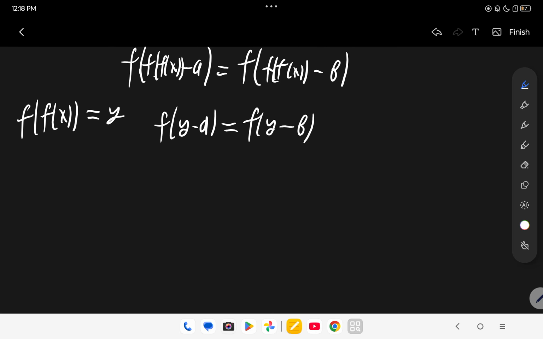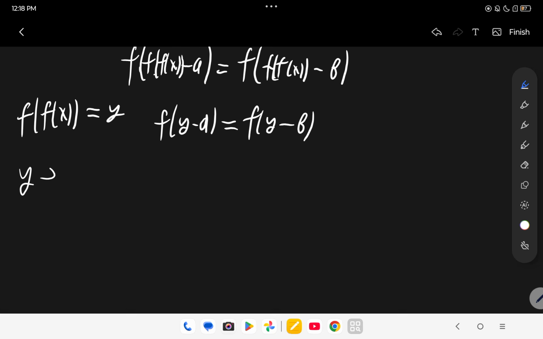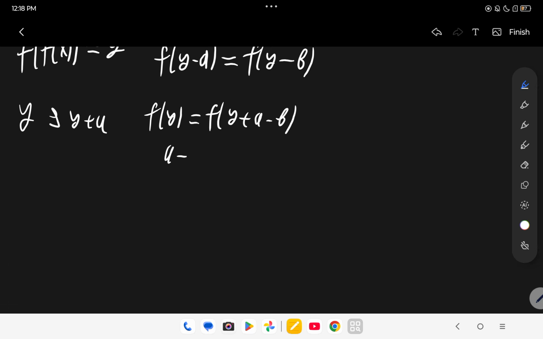Now let's replace y with y plus b, and we get f(y) plus b minus a. Actually, let's replace with y plus a. So we get f(y) equals f(y plus a minus b). So let's call this some t.